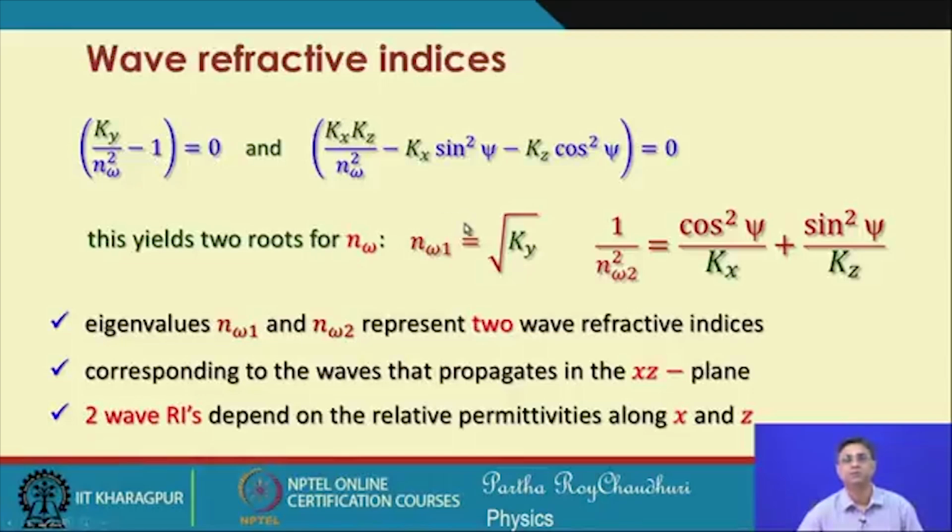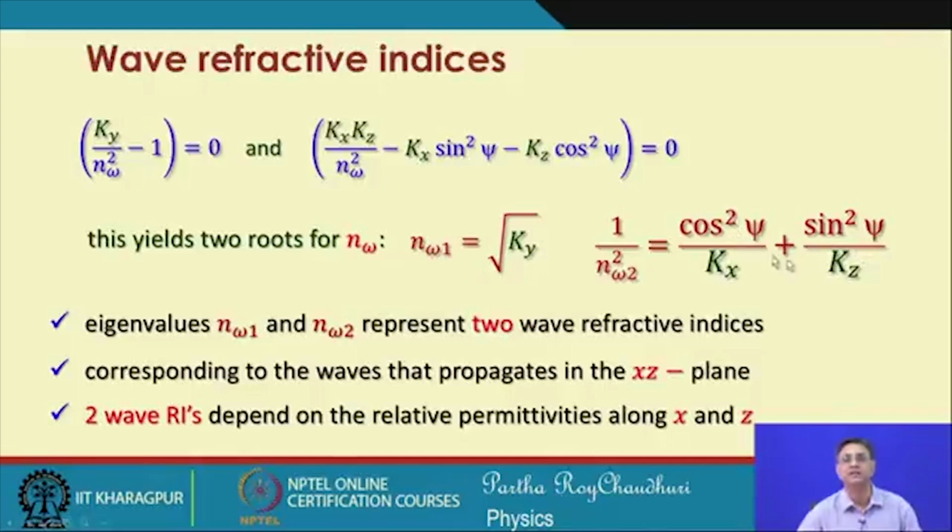This will give you simply a solution that n omega 1 equal to k y. We will see what does it mean, and in the case of this quantity becoming 0, we will see that 1 by n omega square will be equal to cosine square psi by k x plus sin square psi by k z.